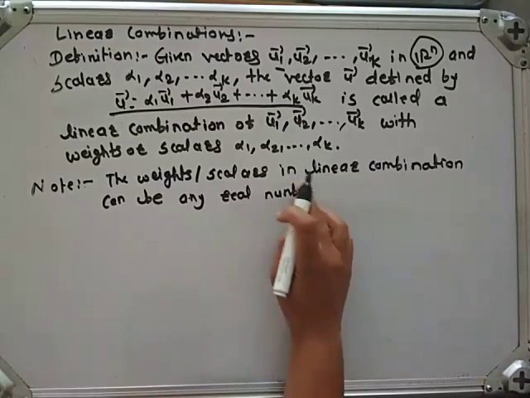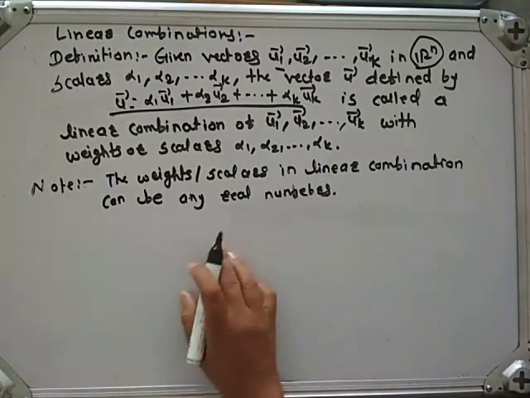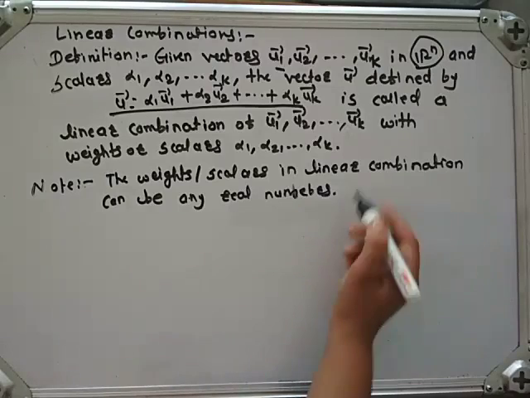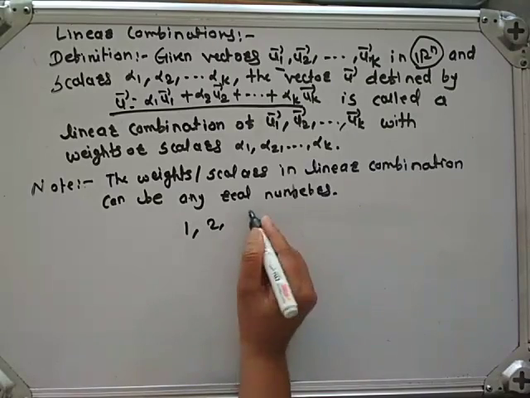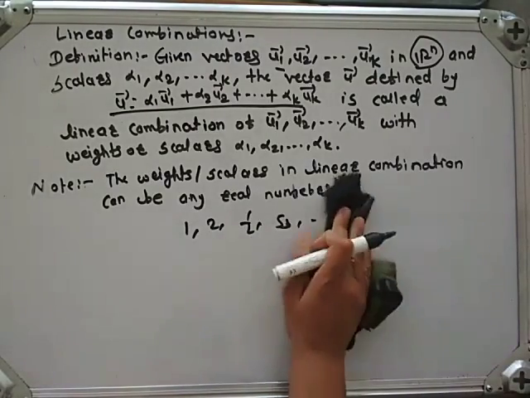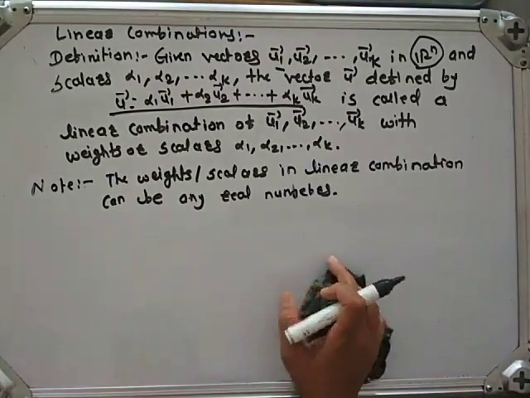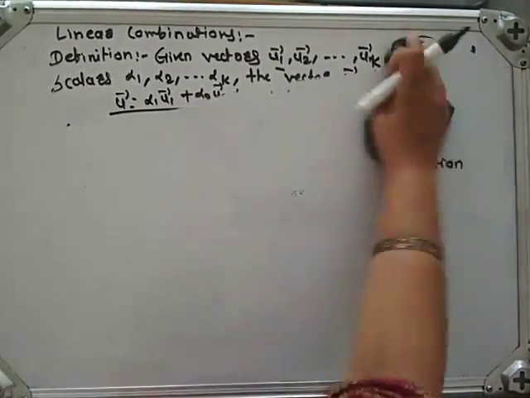Students, always remember that scalars in linear combinations are nothing but any real numbers. Okay, means scalars are 1, 2, 1 by 2, root of 3 and so on. Okay. We will see one example of linear combination.